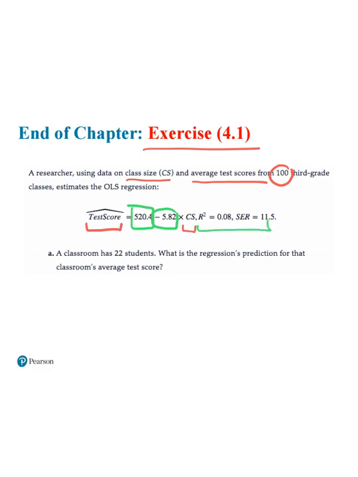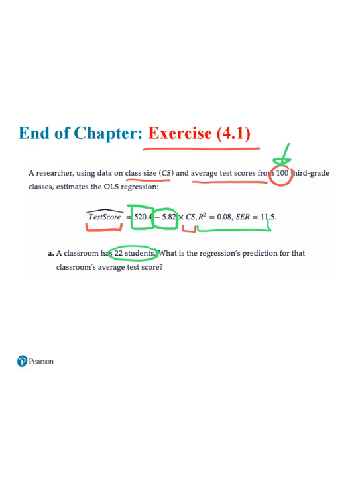All right, A says a classroom has 22 students. What is the regression's prediction for that classroom's average test scores? So we took 100 data samples, these observations, and now we want to utilize that estimated regression to predict or forecast what we anticipate being the average test score if there's only 22 students.